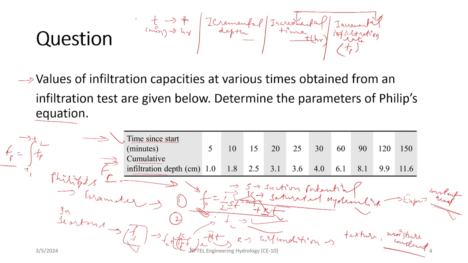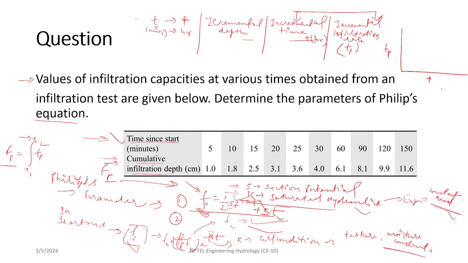Now, one more thing I want to say. This equation has two unknown values, so definitely we are unable to solve this directly, right? So the problem still exists. In order to simplify this, we will take the plot of fp versus t.